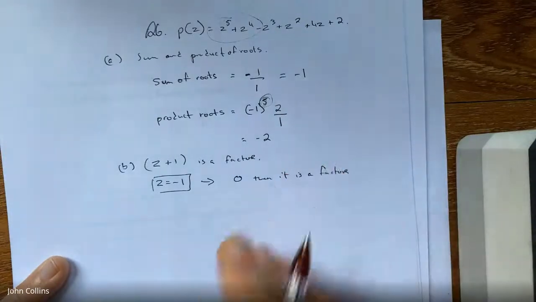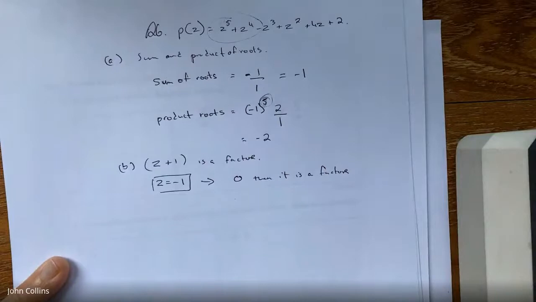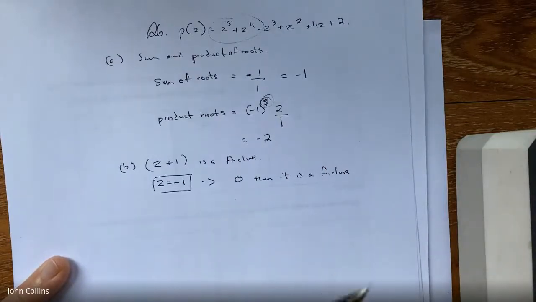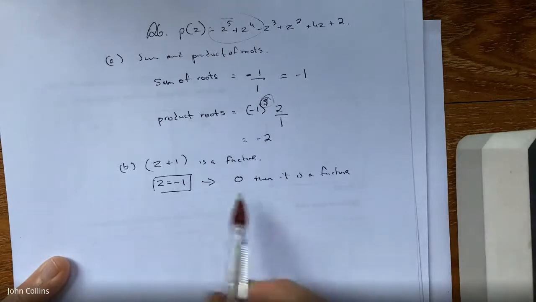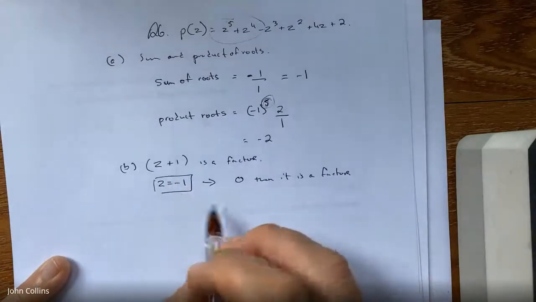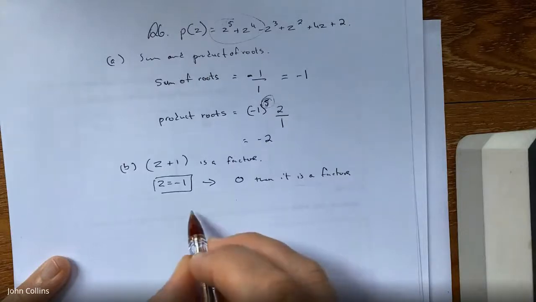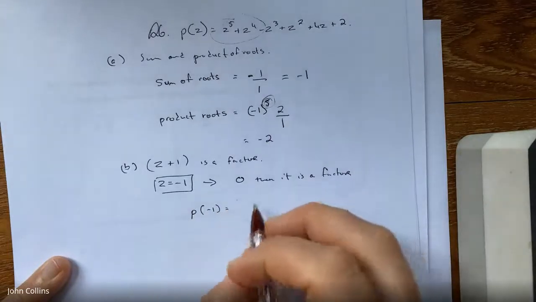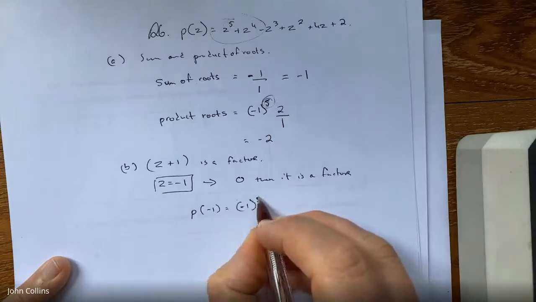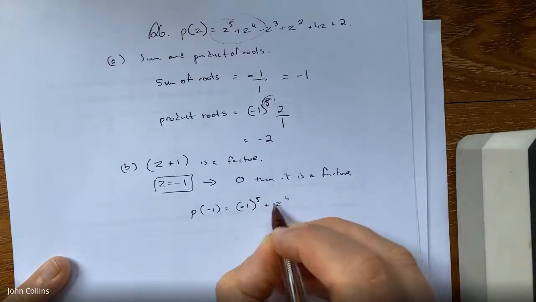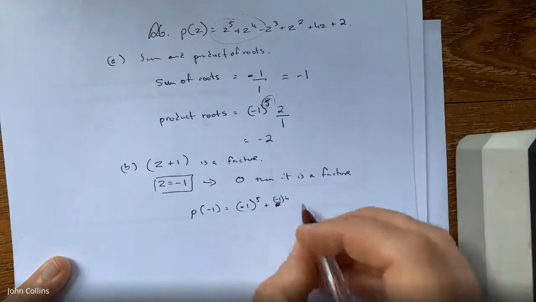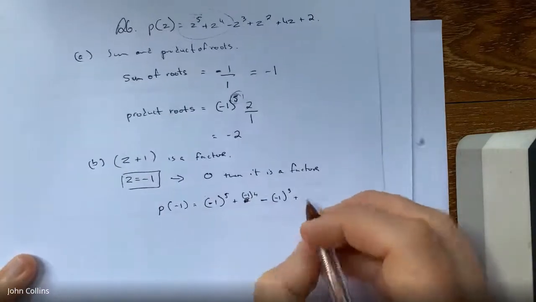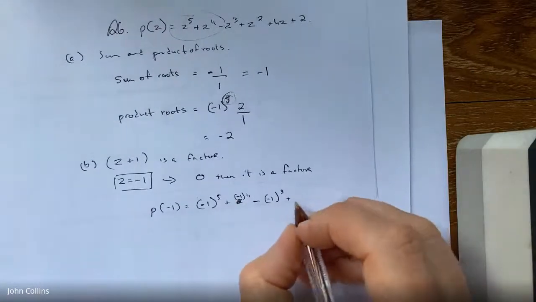Or you could divide it and also get a remainder of 0, so it'd also be a factor. But I think it's easier just to sub in minus 1 into the polynomial instead of z. Hopefully I get an answer of 0, and therefore it would be a factor.